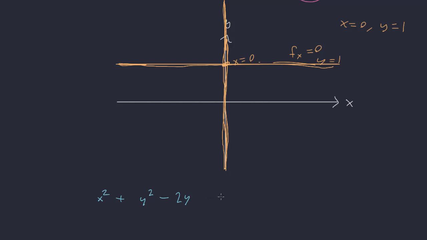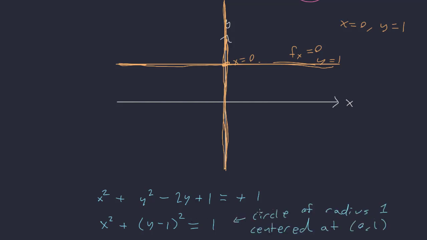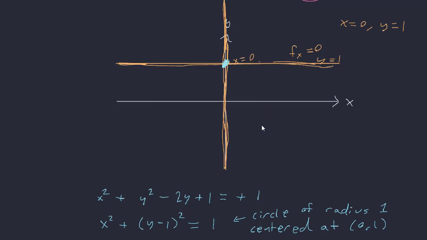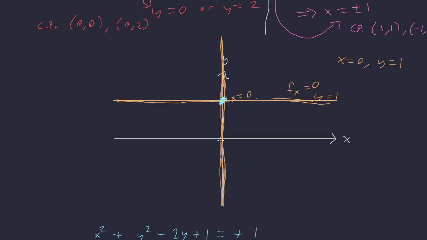Sorry, my bad, that's a 2y. If I were to add a 1 on both sides, this would actually factor. This would be x squared plus (y minus 1) all squared equals 1. This is the circle of radius 1 centered at the point (0, 1).